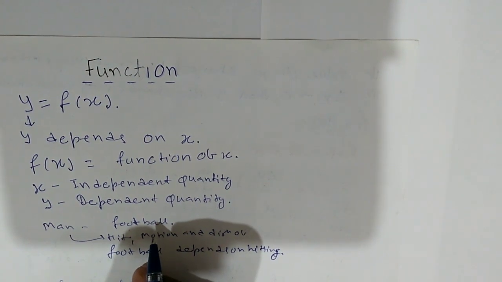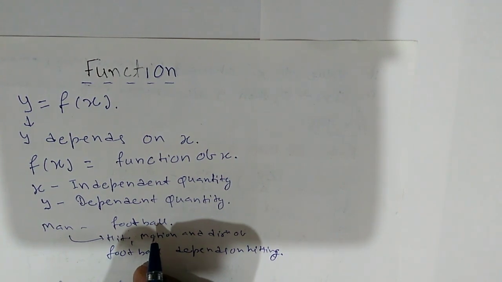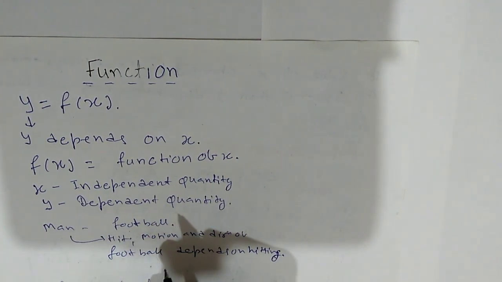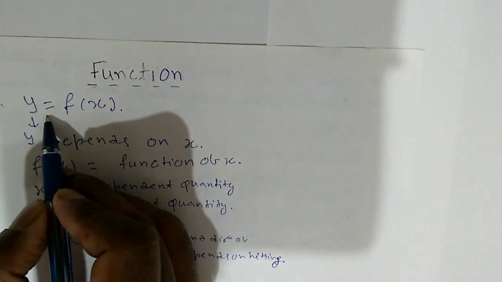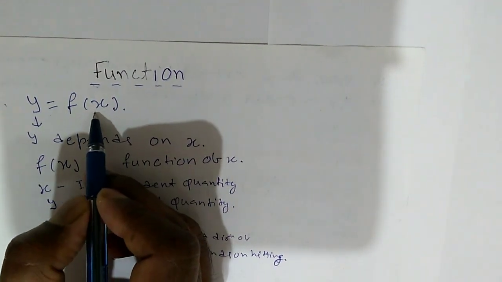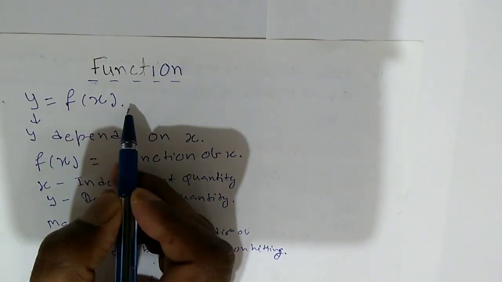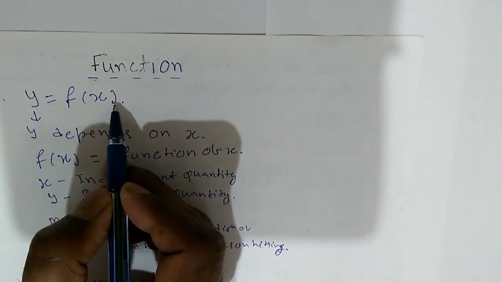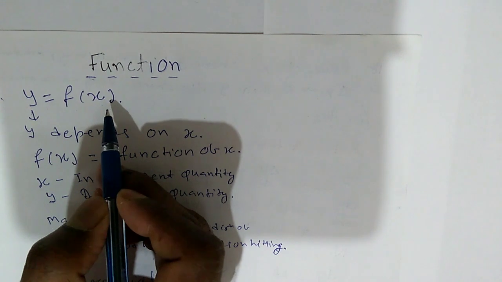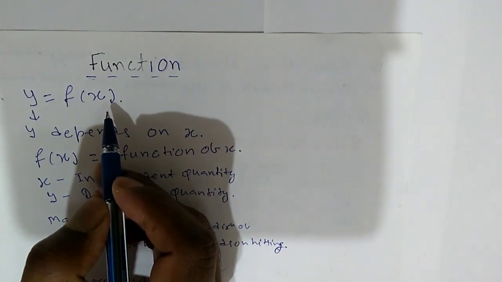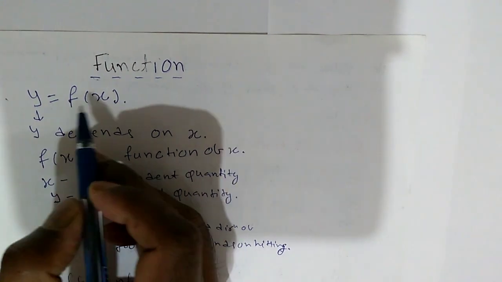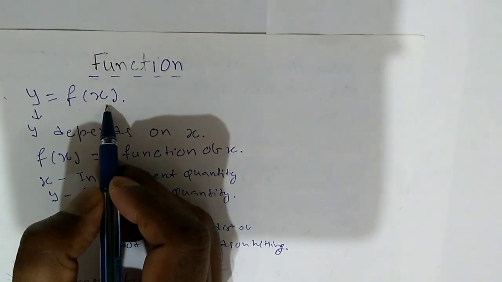It means the football goes in whatever direction the hitter hits it. Similarly, in the case of a function, if x varies by a small quantity, then y also varies by a small quantity. So it is fully dependent on x.